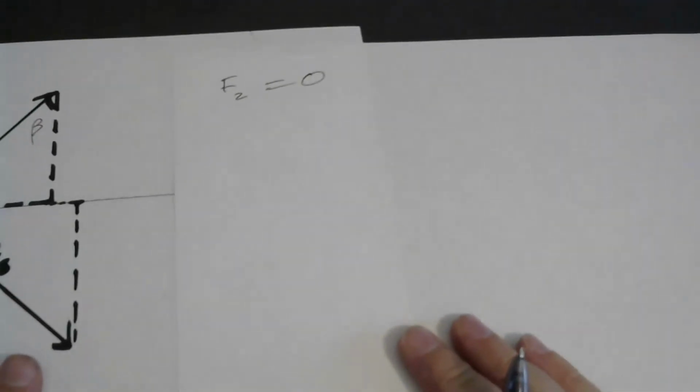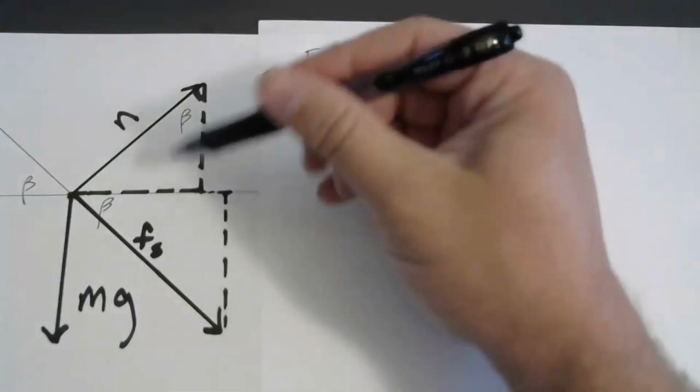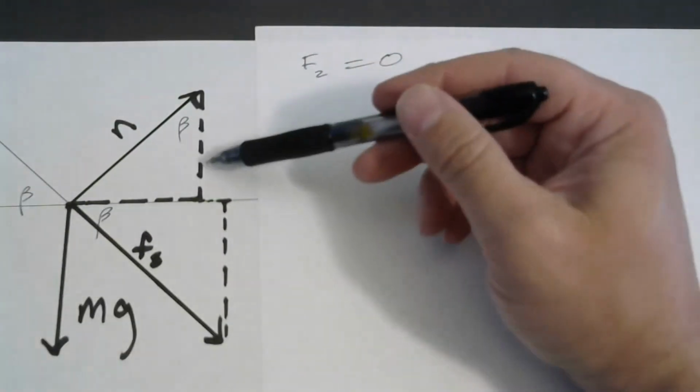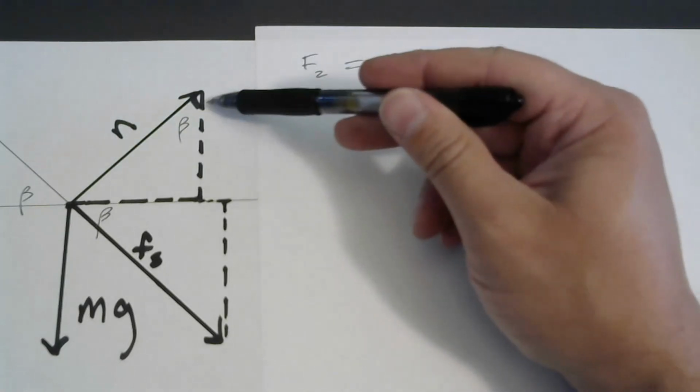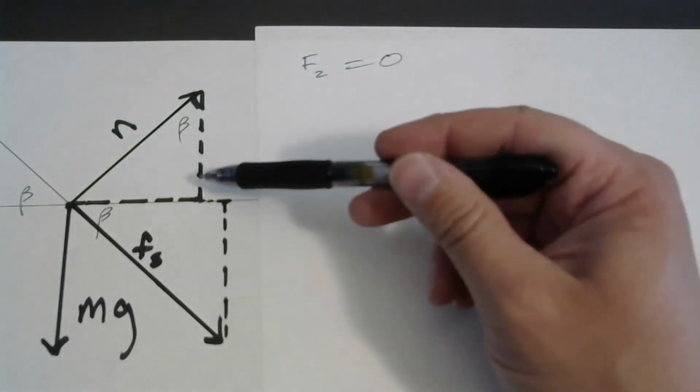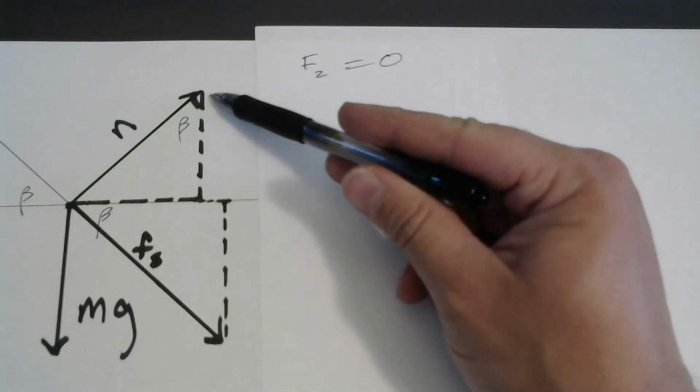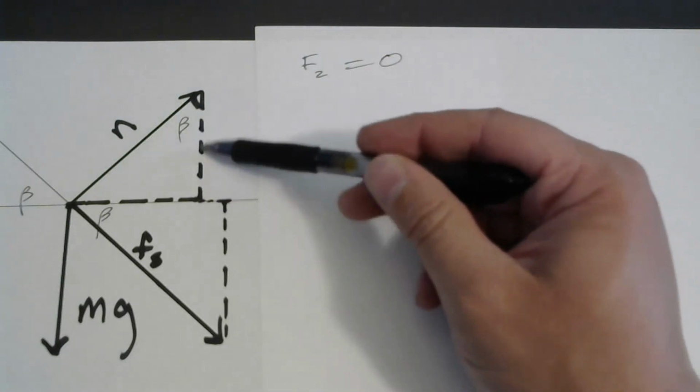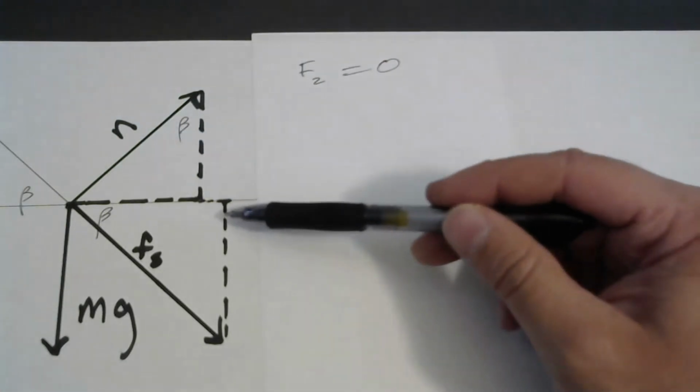The sum of the forces in the z direction has to equal 0, as in all these problems. What do we have? I see gravity in the negative z direction, and I see two components also in the z direction. This one is positive because it's pointing up. This is the side adjacent to beta.